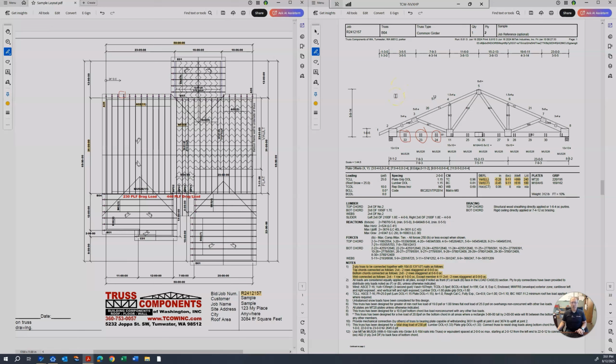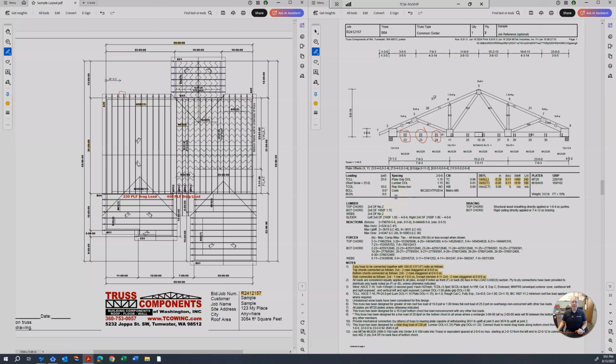Recognize the profile of the truss to make sure that where that truss goes on the placement layout, it aligns with the shape, the aesthetics of the building at that point. And then being able to look down in our notes and determine what our live loads are, our dead loads, our deflections, as well as connections from truss ply to truss ply, and any special loads that those trusses are carrying.